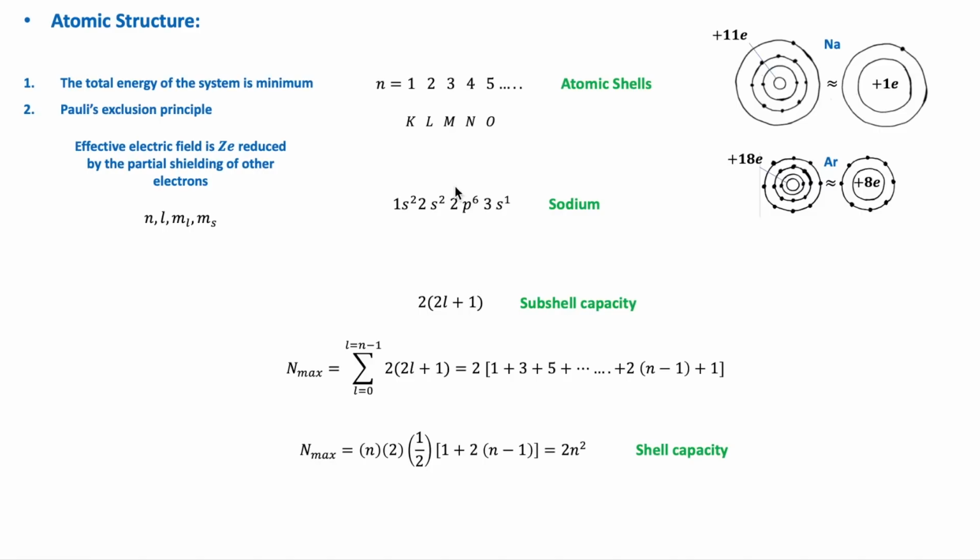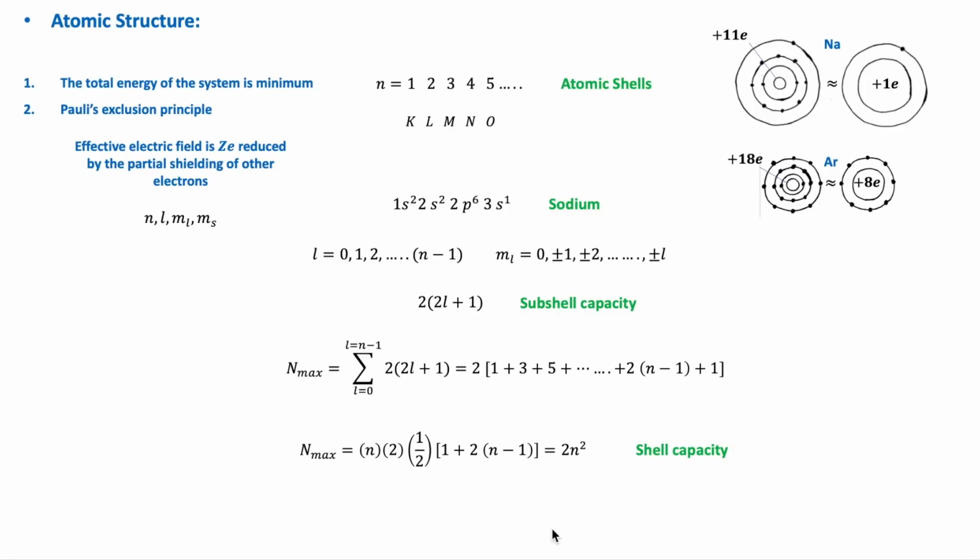In the 2p subshell, which corresponds to n equals 2 and L equals 1, there are 6 electrons. And in the 3s subshell, which corresponds to n equals 3 and L equals 0, there is only 1 electron.